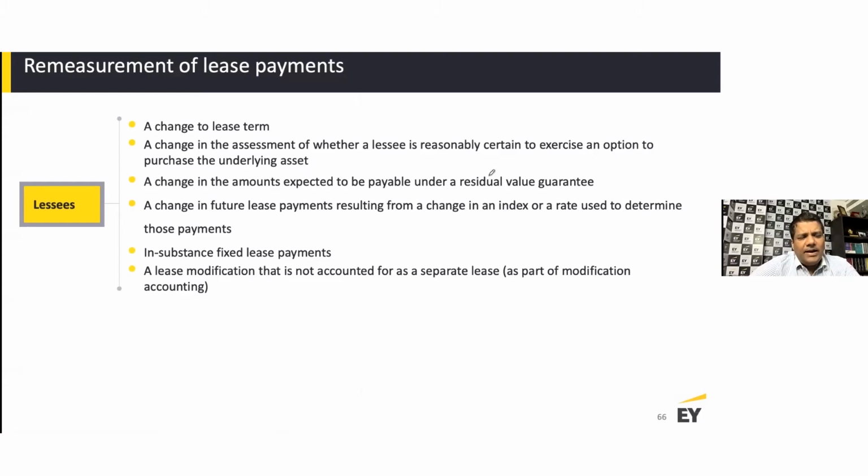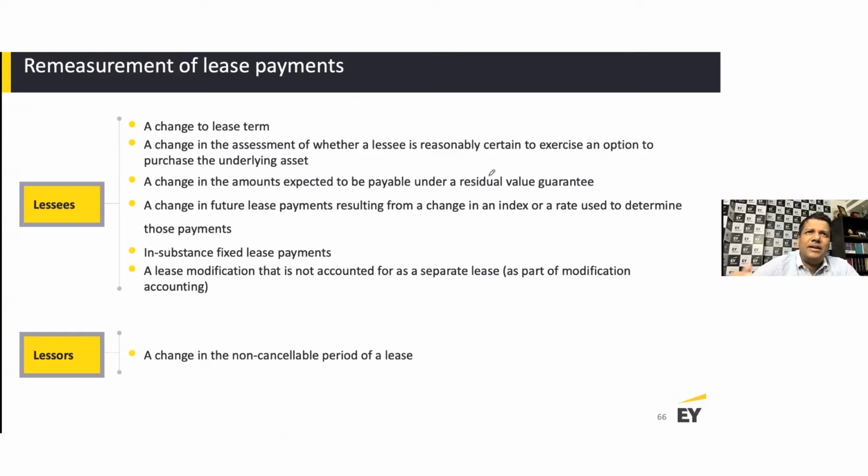Let's look at what happens in the case of lessors. A lessor will remeasure only when there's a change in the non-cancelable period of a lease. So if you modify the agreement and change that, then only do you need to look at remeasurement from a lessor perspective.